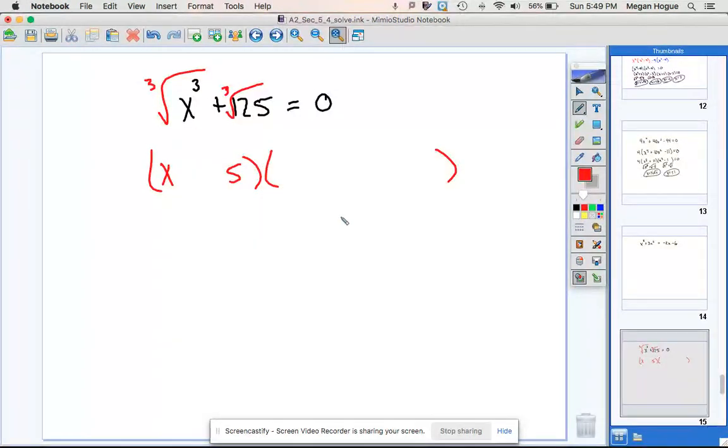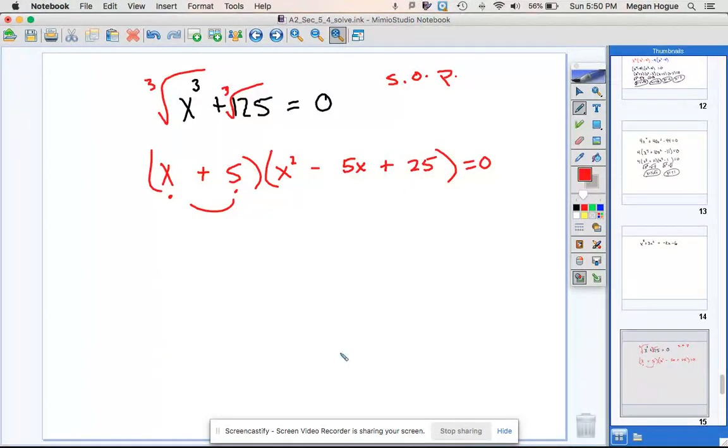Then we're going to use that to make it a trinomial. We're going to square x, x squared. We're going to multiply them together, 5x. We're going to square 5, 25. Signs: same, opposite, positive. So I bring down the same sign, I switch to the opposite, I end with positive.